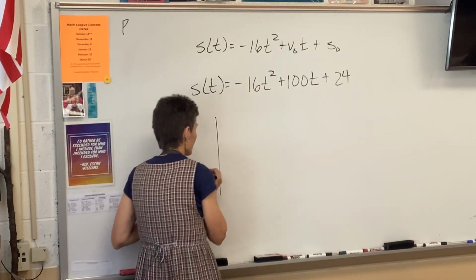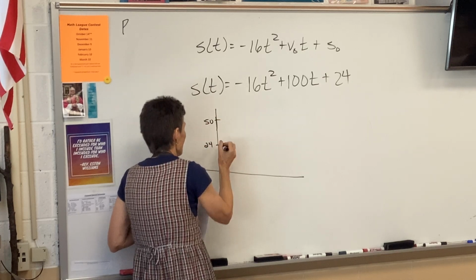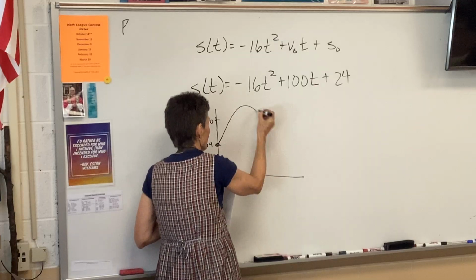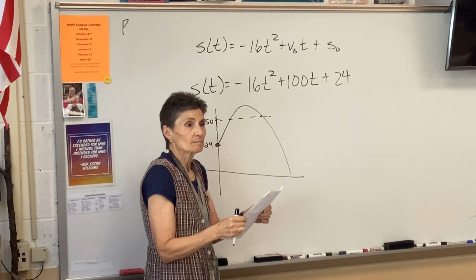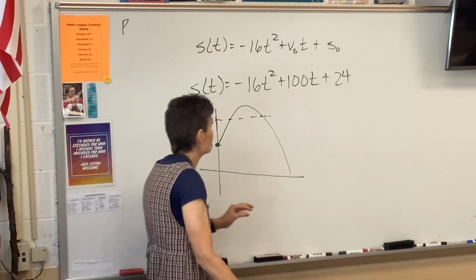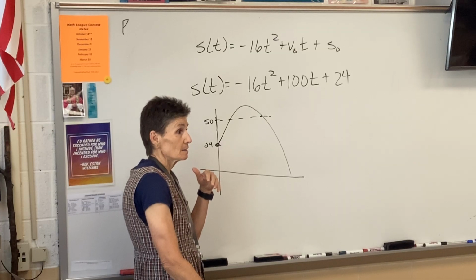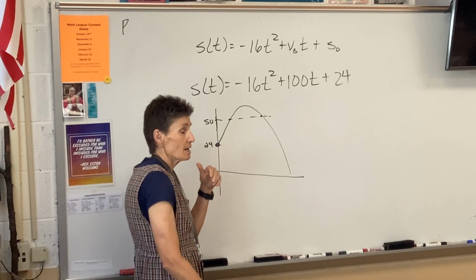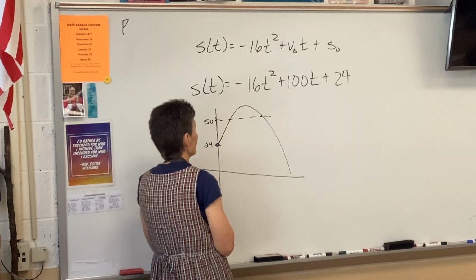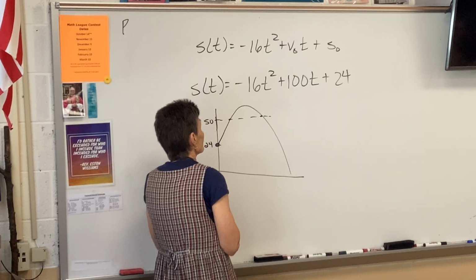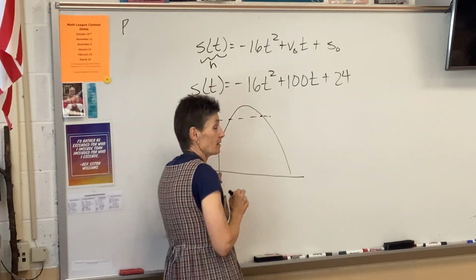So if you think about this situation, here's 24, here's 50. The object is starting here, it's going up, and we want to know when is it at least 50 feet. So we could do this problem by hand. How would I go about doing it by hand? I can also do it on my calculator.